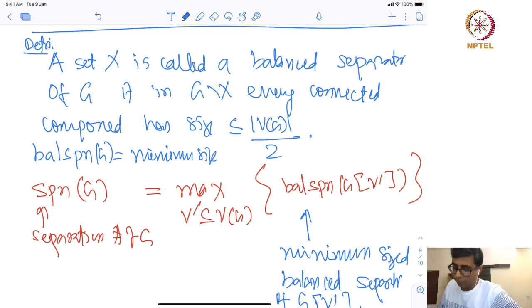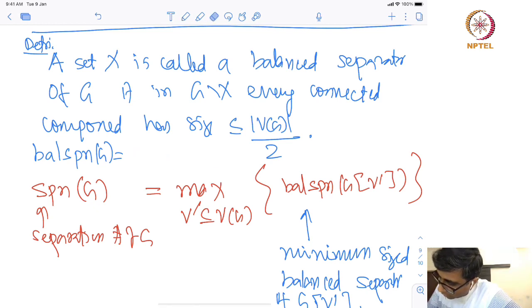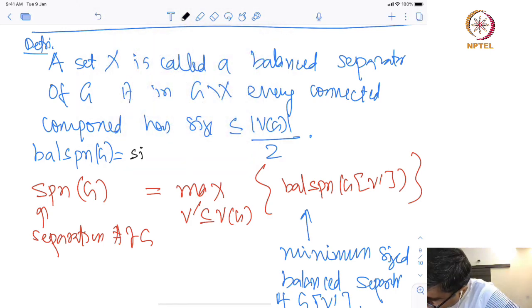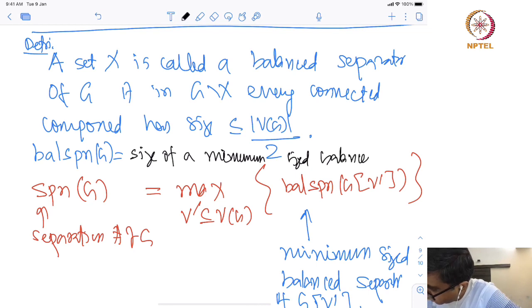So the balanced separation number of G is the size of a minimum sized balanced separator.